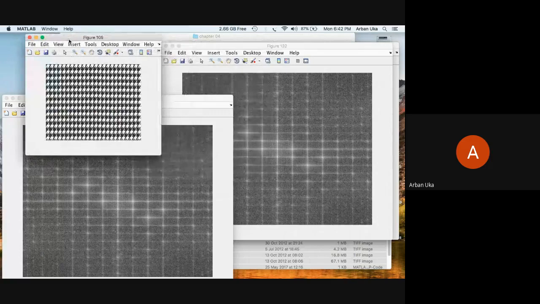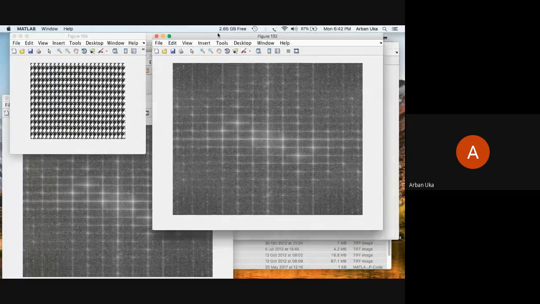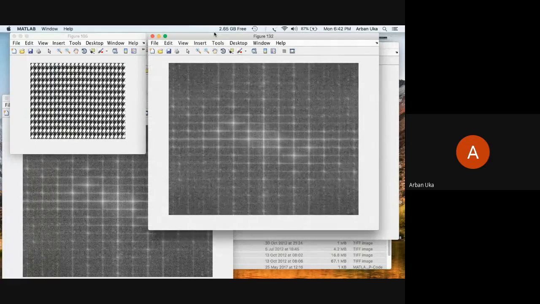So this is the original image, 240 by 300, and here we have the Fourier transform of this one, which is 4 times larger in the number of pixels, and we notice that we have some periodic features which are represented as bright spots wherever I'm showing with the mouse. Now, we said from the last time that always in the Fourier domain, everything is symmetric with respect to the center.